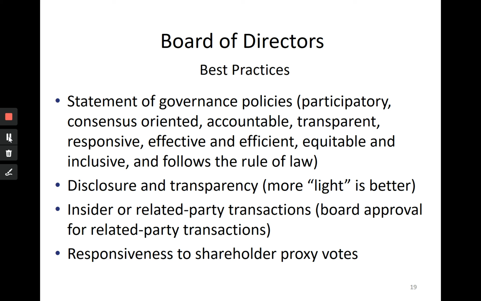For example, if the marketing manager purchases a used machine that the corporation owns, these sorts of transactions lend themselves to conflict of interest. Therefore, it is important if board approval for related party transactions is required.